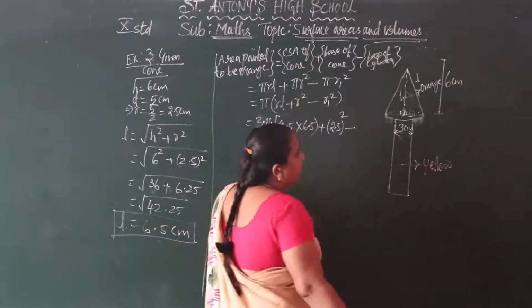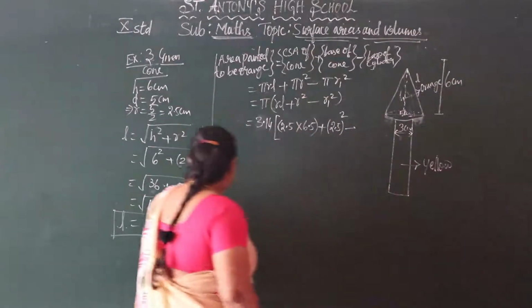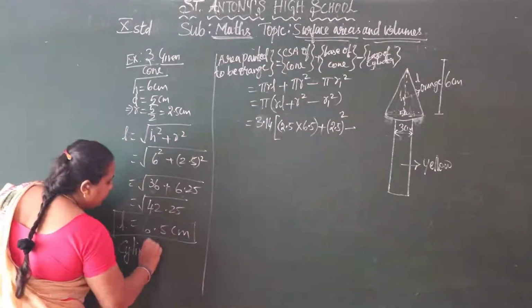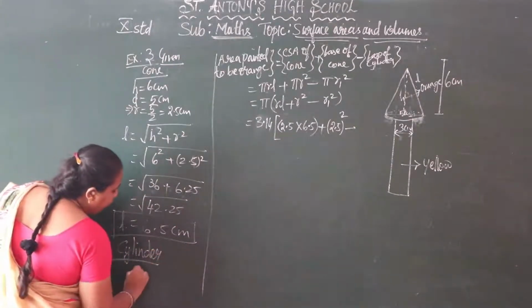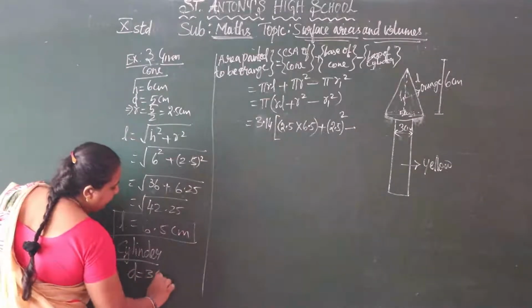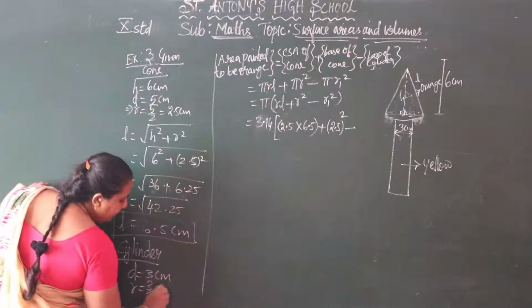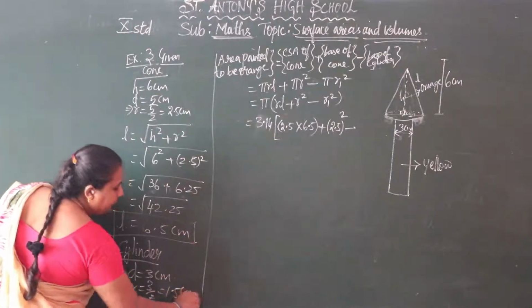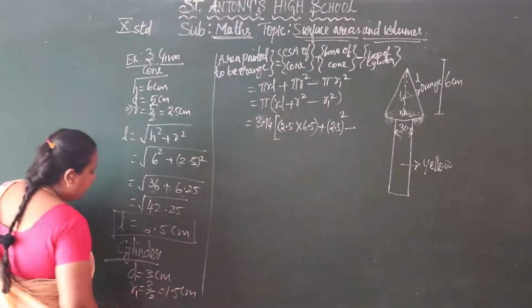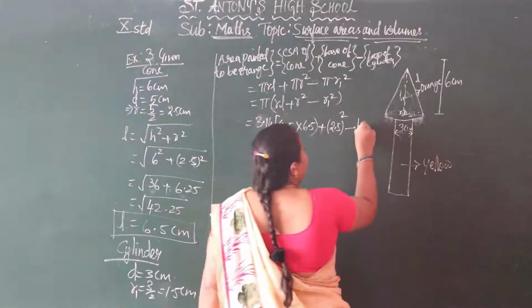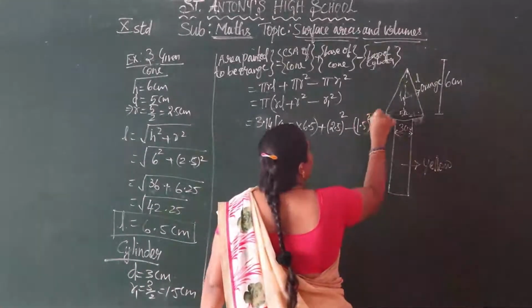For the cylinder, the diameter d is equal to 3 centimeter, so r1 is equal to 3 by 2, that is 1.5 centimeter. So r1 square is 1.5 square.